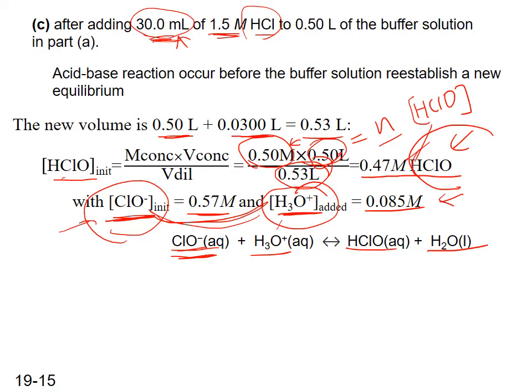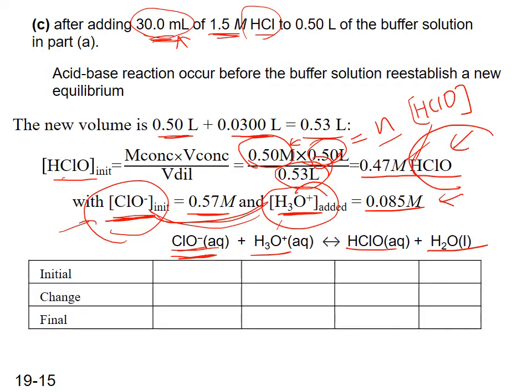Just like before, we draw the table with the initial concentrations. This is the concentration of the base after the volume change, this is the acid after the volume change, and this is the hydronium concentration added.